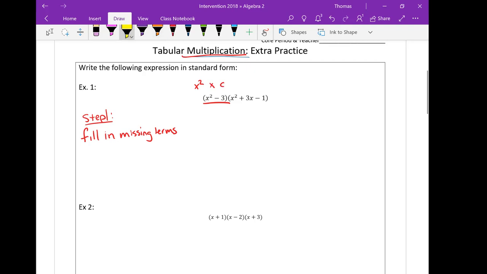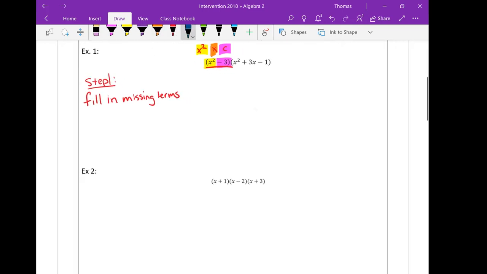In this first term we have our x squared and our constant term of -3, but we're missing our x term. So I'm going to rewrite it with that term filled in: x squared plus 0x minus 3. I just added in that missing term, and that's still being multiplied by x squared plus 3x minus 1. So we have our missing terms.